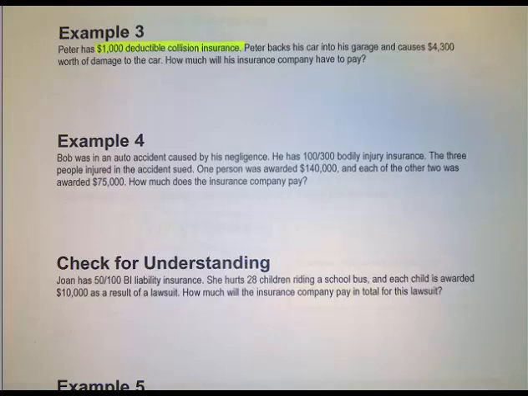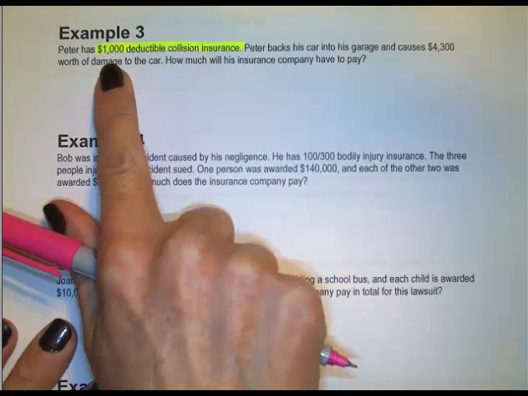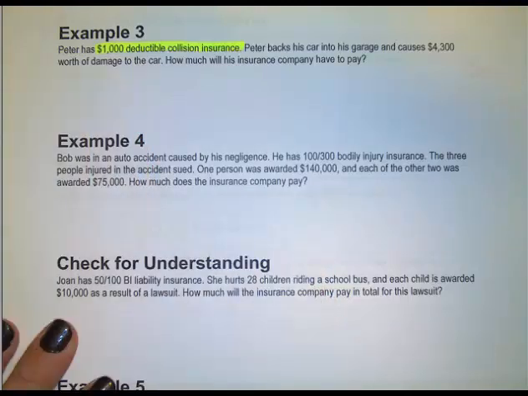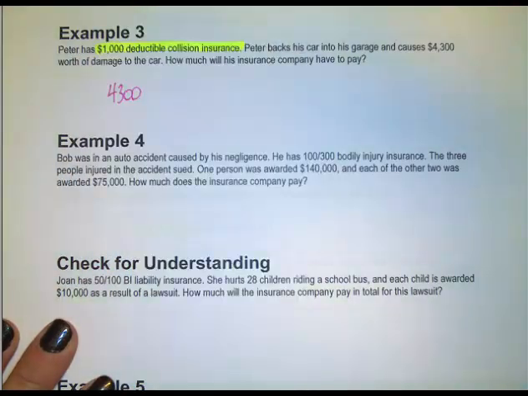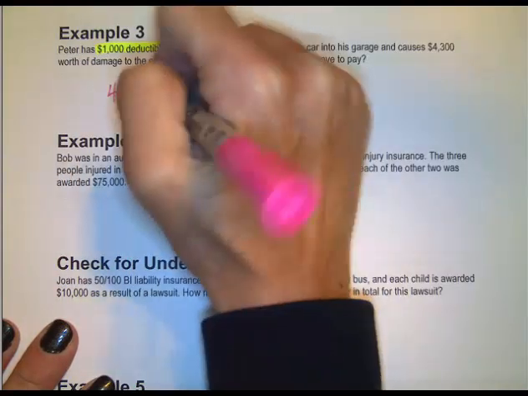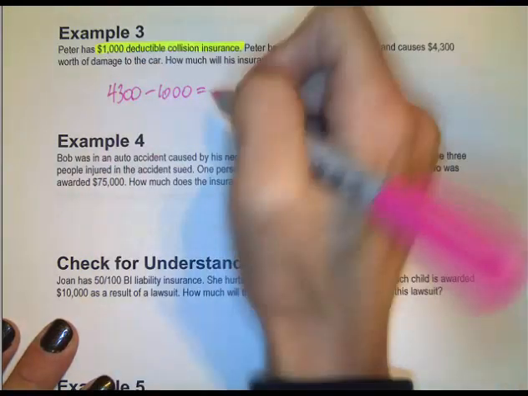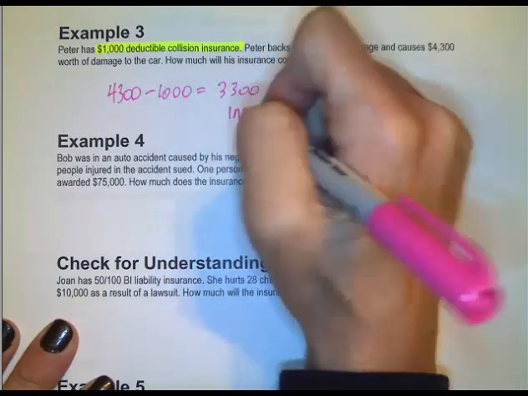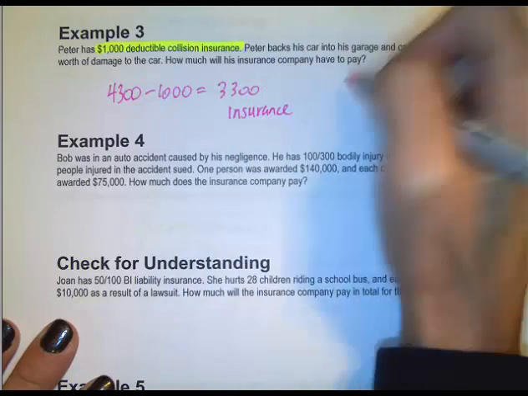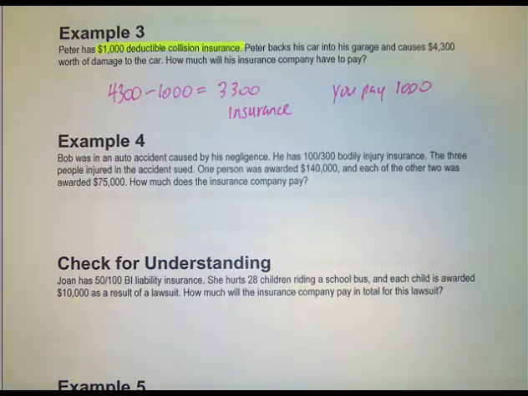But since it's over 1,000, how much does the insurance company pay? Well, you have to shell out $1,000 before the insurance company is going to kick in their part. So if the damage was $4,300, you have to pay the first $1,000. So the insurance company is only going to pay the $3,300. You pay the $1,000. Okay?